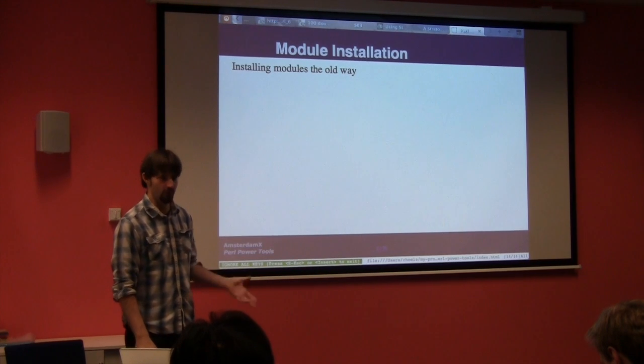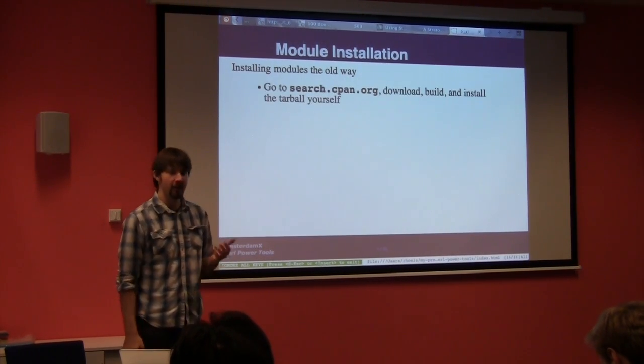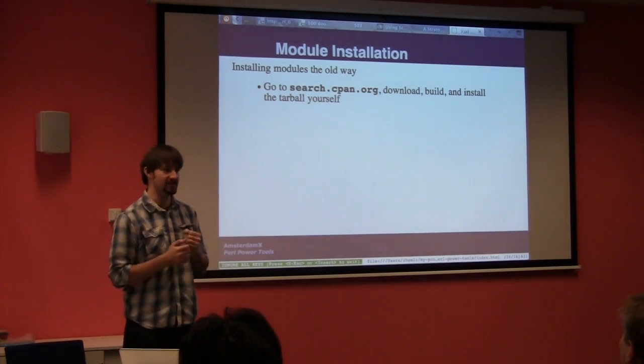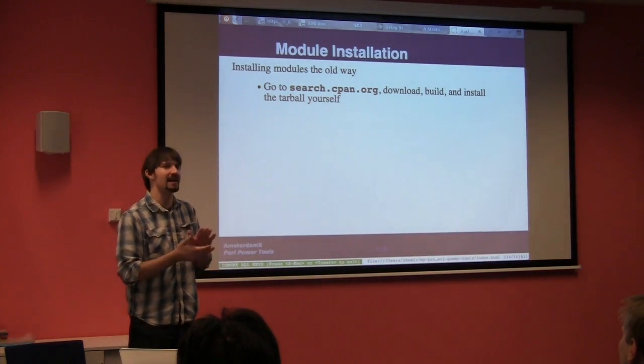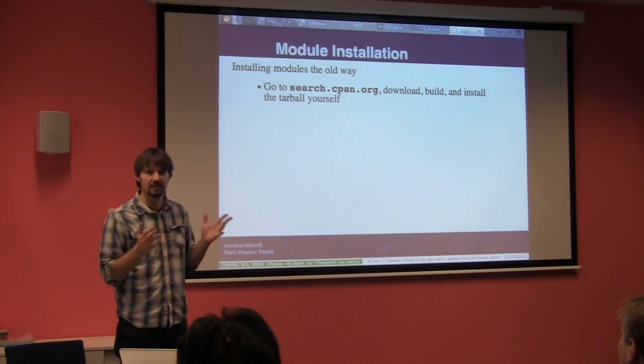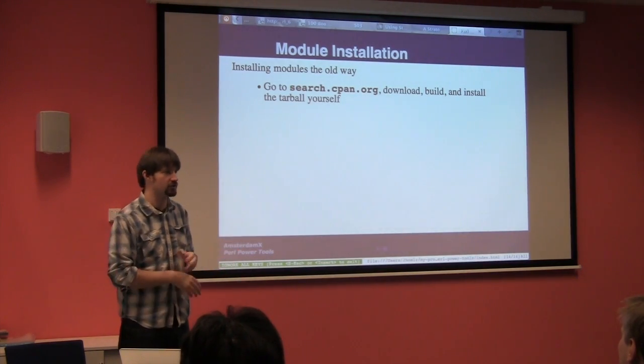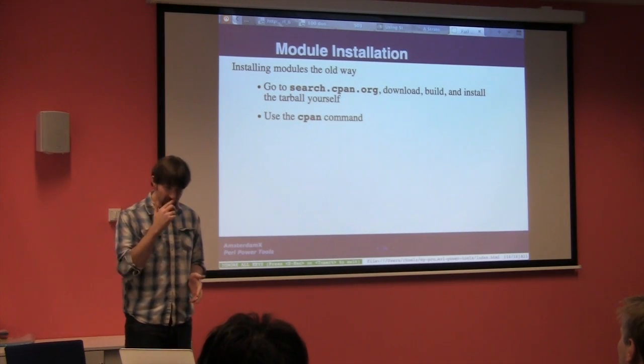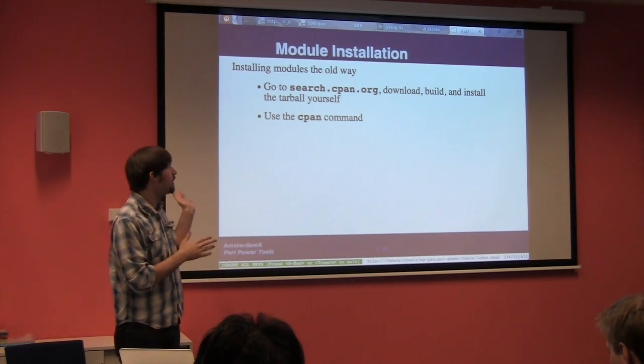So in the beginning there was the old way, and the old way was going to search.cpan.org, downloading, building, and installing the tarball yourself. It sucked because if you had any dependencies that needed to be installed, you would follow the dependency chain yourself, and it was horrible. So then we had the cpan command, which is pretty handy. It does a lot of the ugly stuff for you.